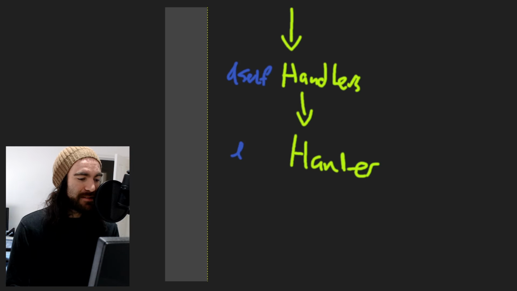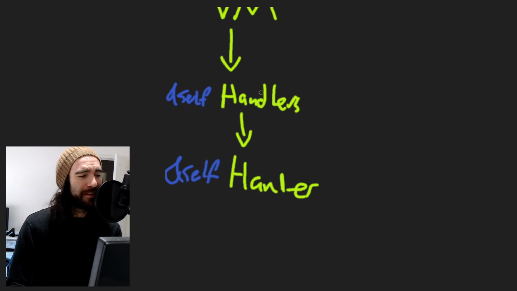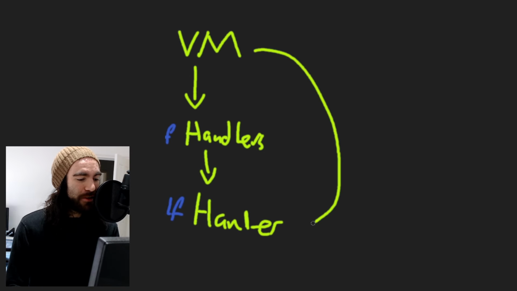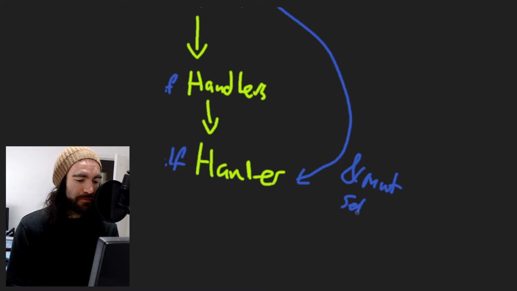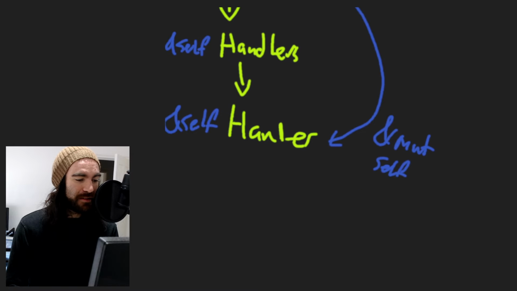And so then this is implicitly tied to a ref to self. I almost drew a treble clef then. But this handler also depends on a mutable ref to self. And these two things are in conflict.